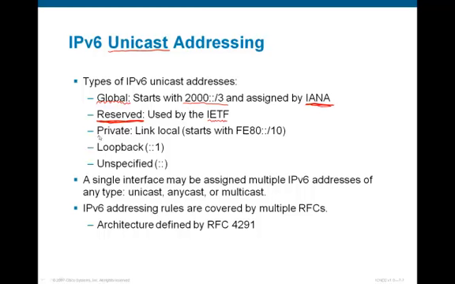Likewise, we also have the idea of private IPv6 addresses, starting with FE08. So these addresses are private, so you use them locally within your organization, and they will never be seen on the IPv6 internet. Other IPv6 unicast addresses are what we call the loopback address, as well as the unspecified IPv6 address.